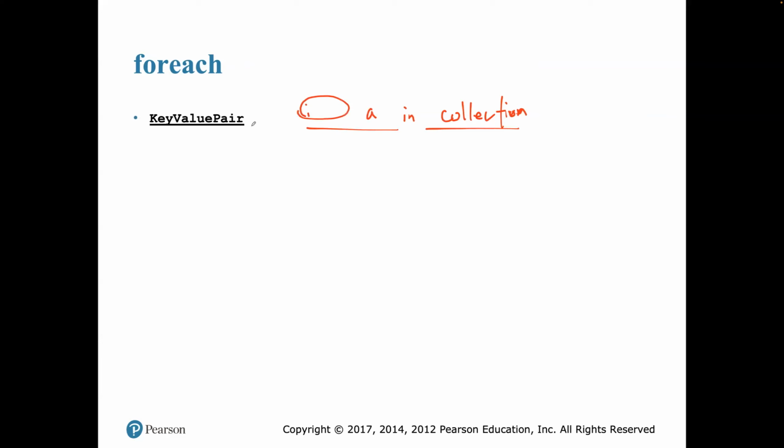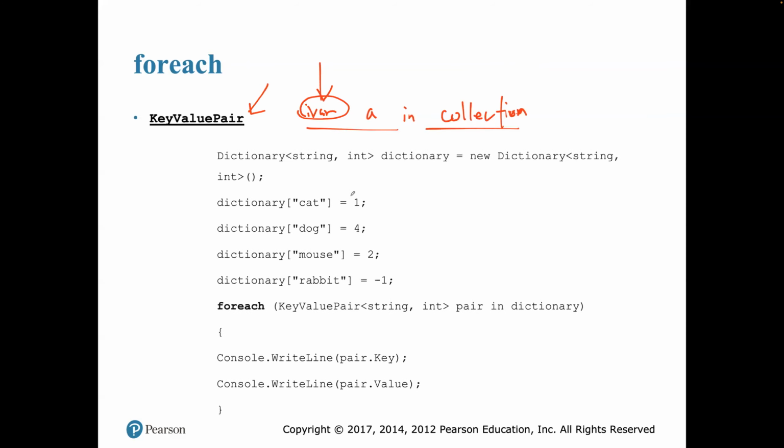So for the dictionary, this data type we know we can use var, or there is a certain data type you can use, the keyword KeyValuePair. So this is one example we used.